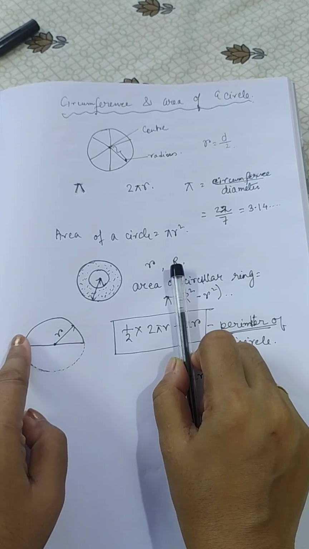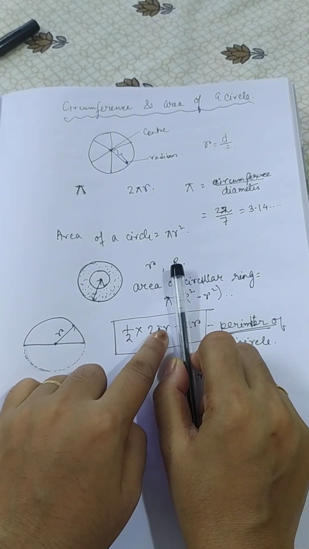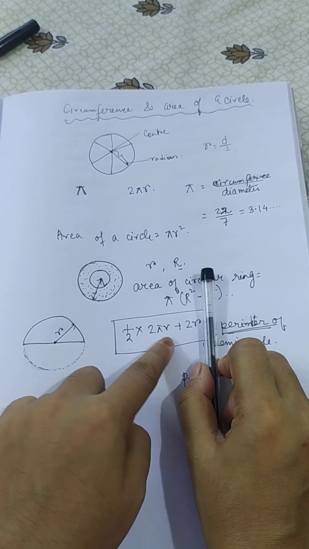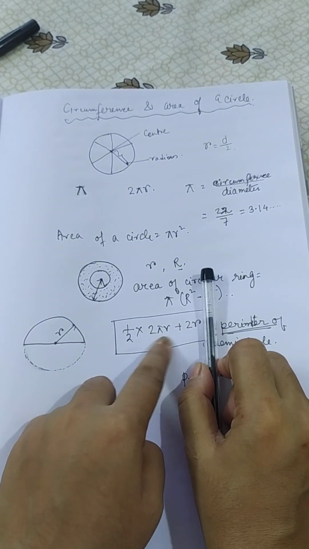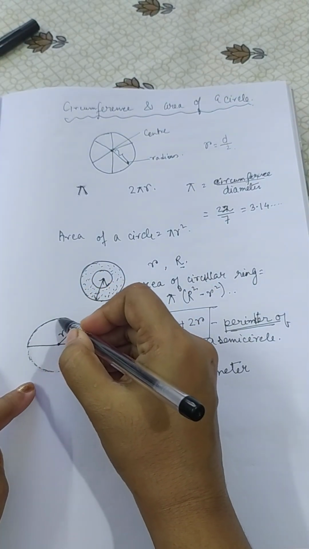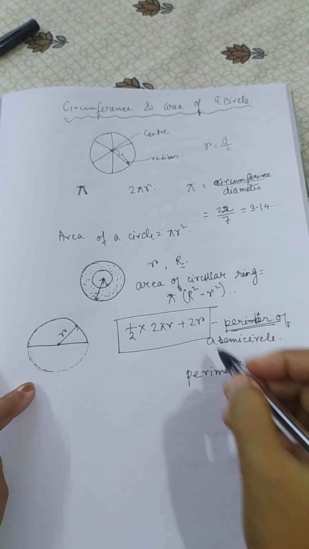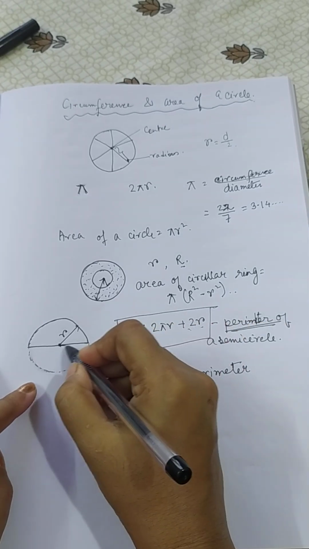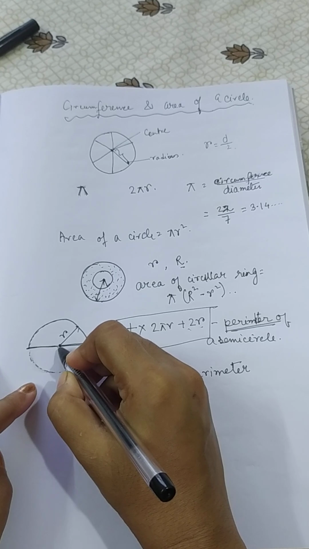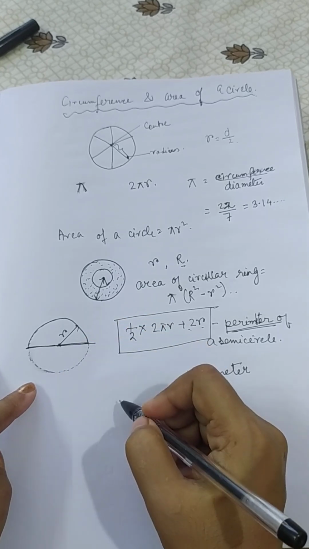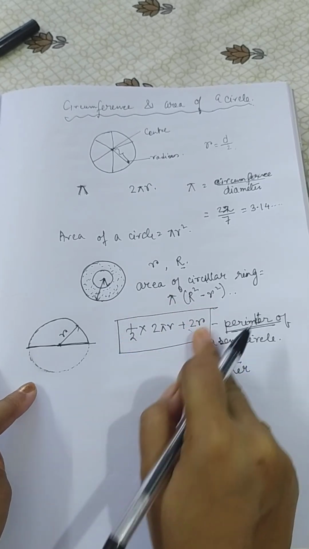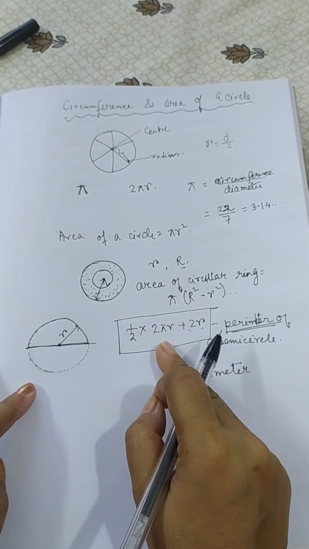That means half of the circle. So half of 2 pi r. Now why plus 2r? Because when we discuss half of 2 pi r, we are discussing only this boundary part. But 2r, that means this r and this r. R plus r, 2r. So from there, this formula has been formed.